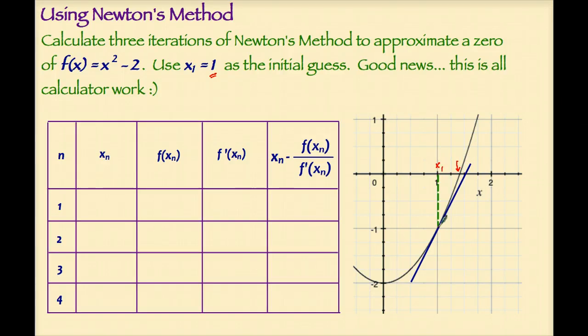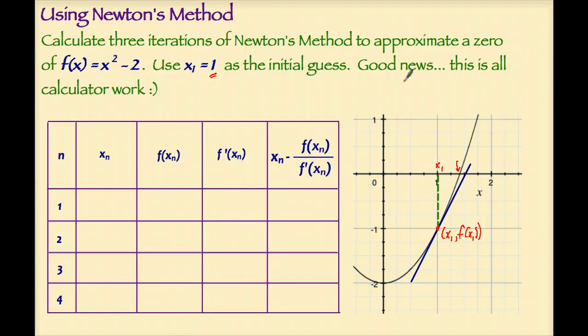That means the point on the curve at x sub 1 is (x sub 1, f(x sub 1)). Using that function value and the slope at that point, you can see the tangent line crosses the x-axis here, closer to the actual zero than our initial guess. Using 3 iterations of this process, we will get an approximation of the zero that's very close to the actual zero.